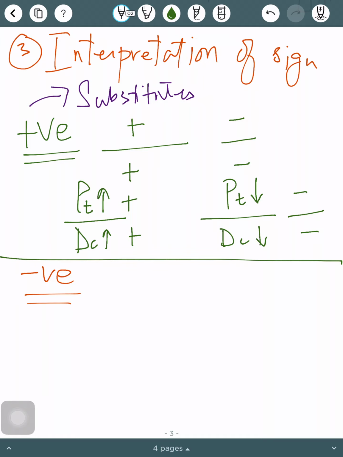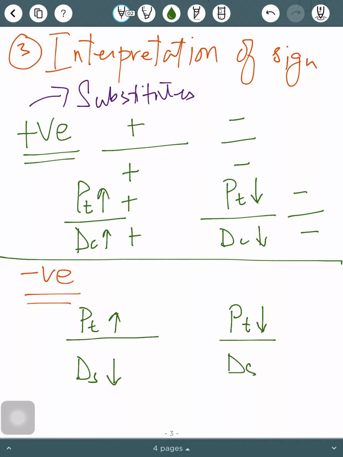But let's also see the dynamics of it. So for example, if the price of tea rises, the demand for sugar, which is used with tea, will fall. Similarly, when the price of tea falls, people will now consume more tea, and as a result of that, they'll also demand sugar more.